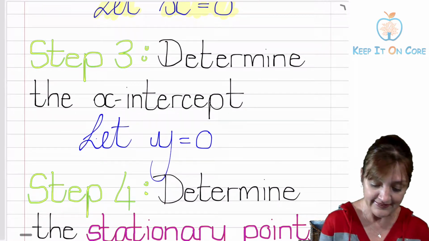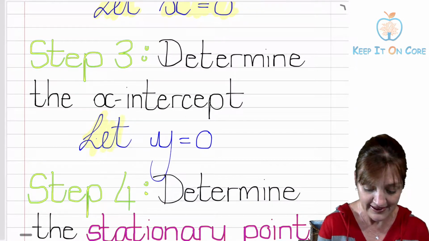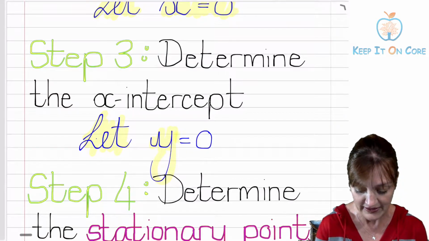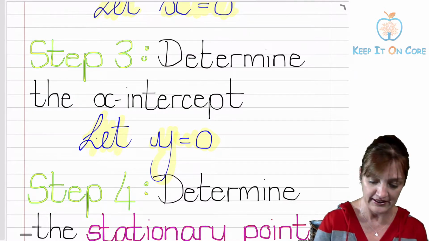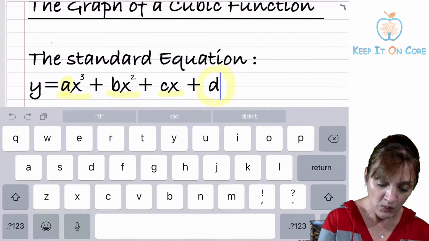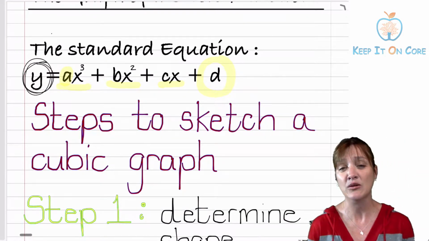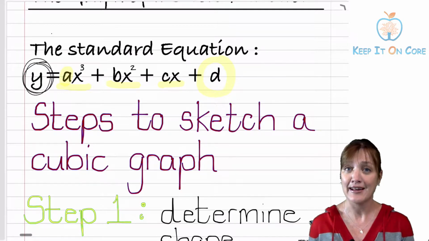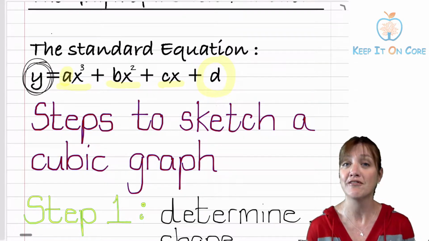Step 3 is then we want the x-intercept, and that gets done by letting y equal 0. Now this requires a bit more work. If I let y equal 0, typically you're going to have some kind of cubic equation that you're going to have to factorize.